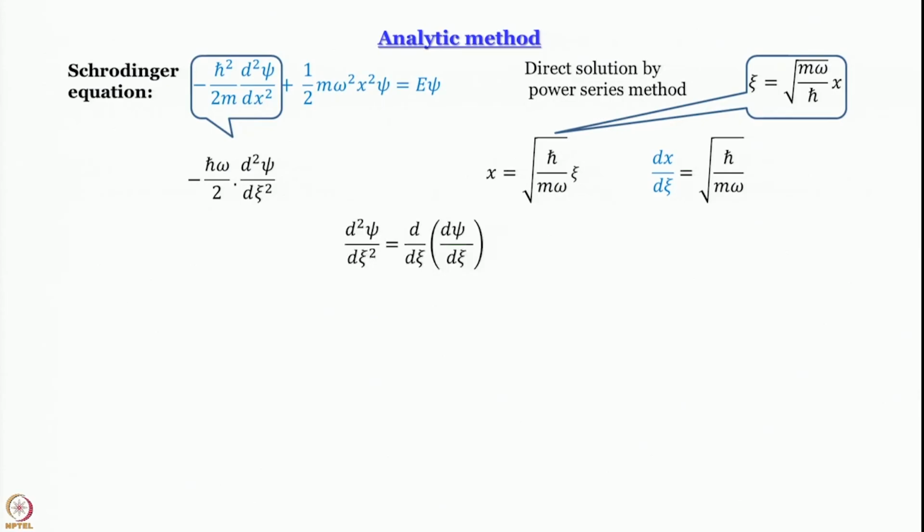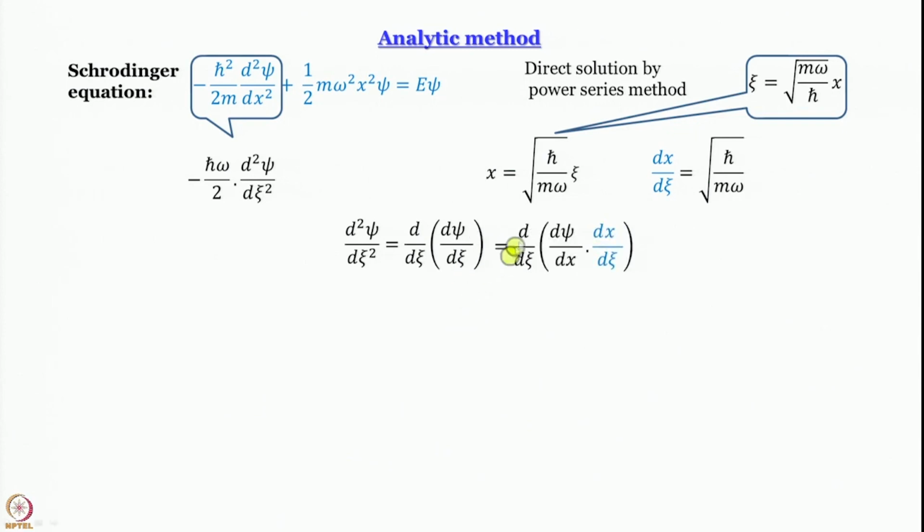Now what we want to know is d2 psi d xi 2. Why? Because d2 psi d xi 2 is there in the kinetic energy term of the Hamiltonian. So d2 psi d xi 2 is equal to the derivative with respect to xi of d psi d xi. So what is d psi d xi?